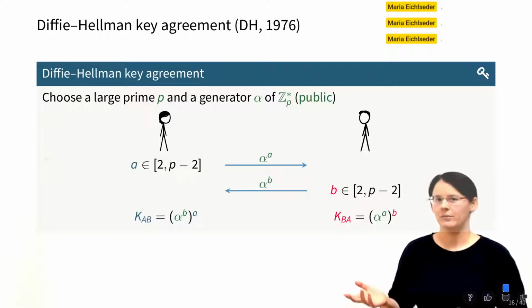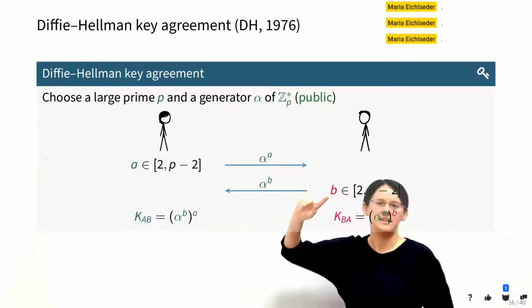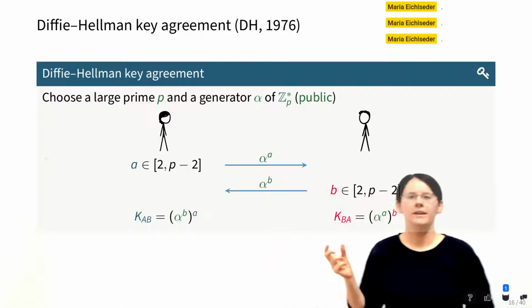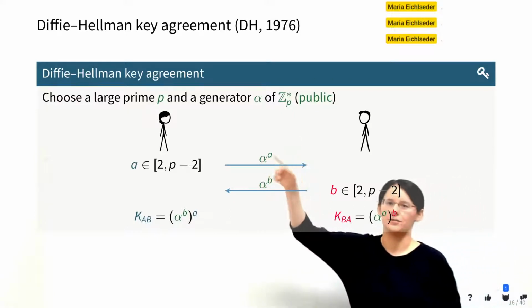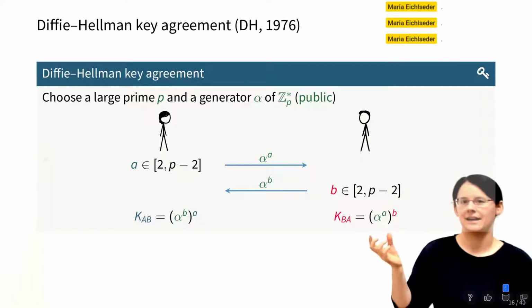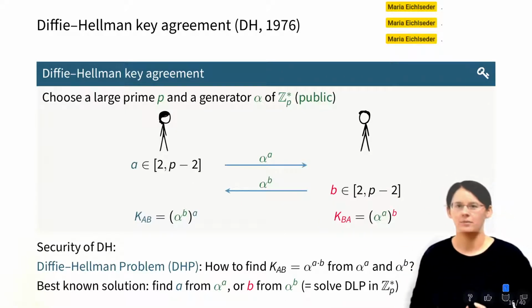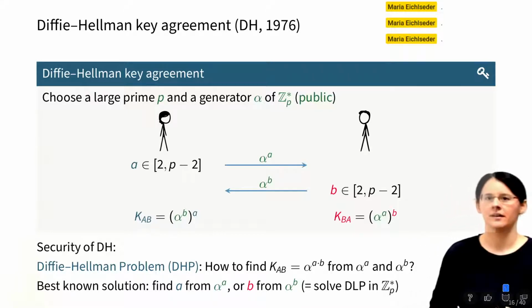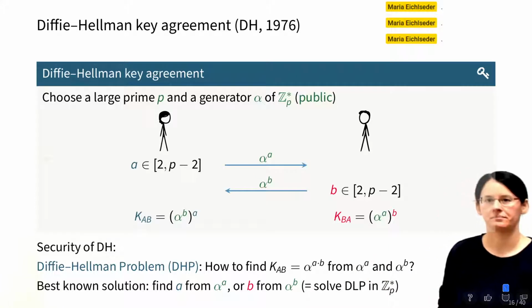What we actually want to do here is, given these two numbers, we don't need to find the secret key, we only need to find the resulting shared key. So given alpha to the a and alpha to the b, what we want to find is alpha to the a times b. And this is called the Diffie-Hellman problem, DHP. So given these two messages, we want to find the secret key.